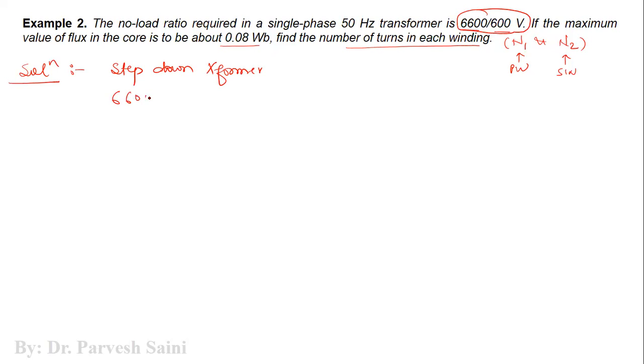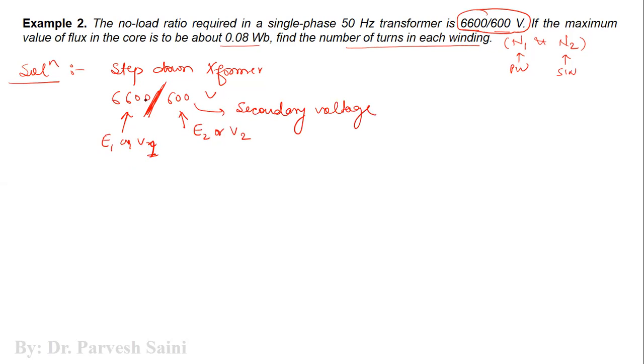It is 6600/600 volt. The first value belongs to E1 or V1, and the second value belongs to E2 or V2. So this value belongs to the secondary voltage, and this value belongs to the primary voltage, or you can say the supply voltage.